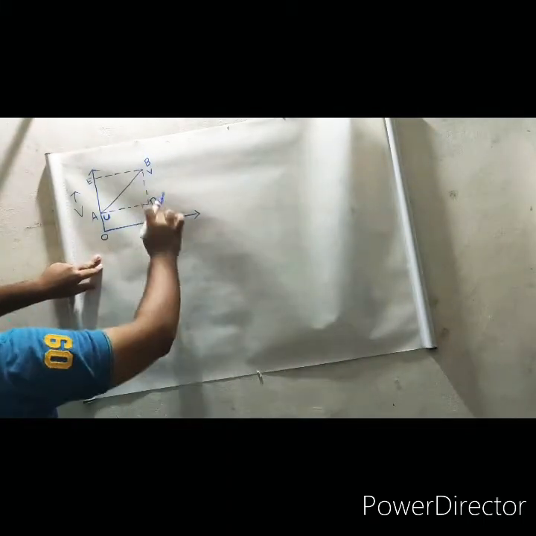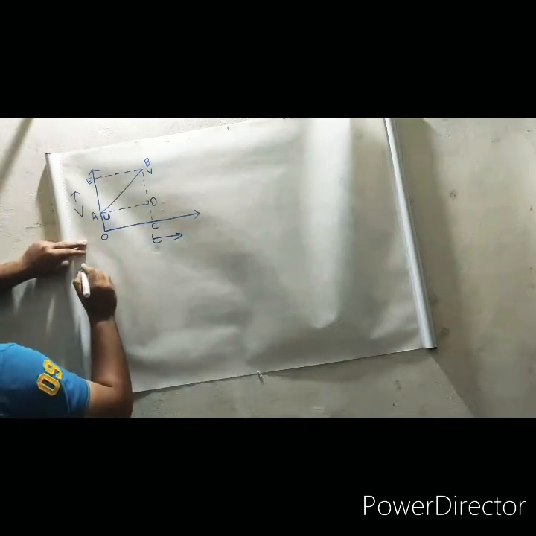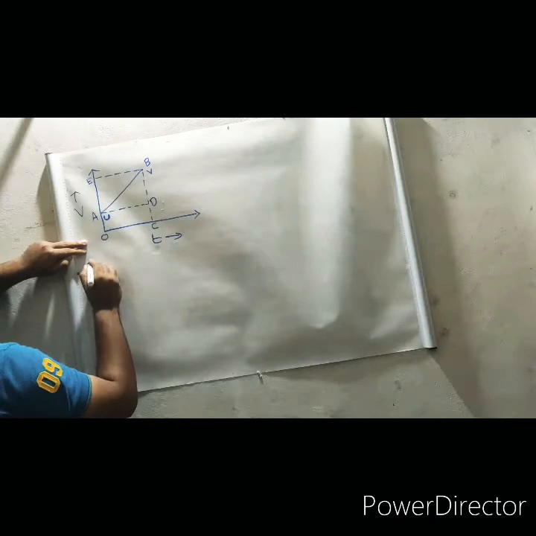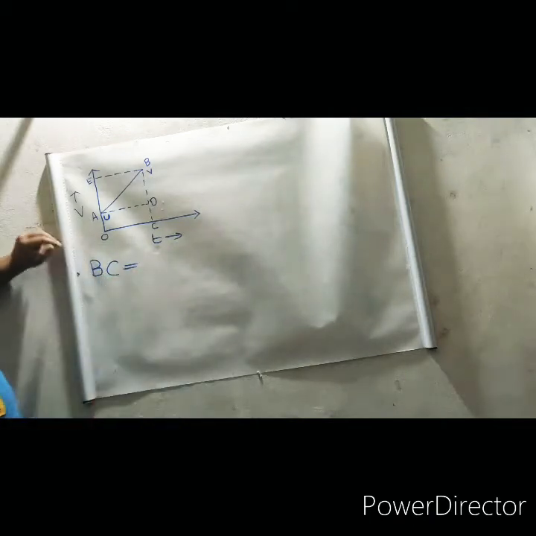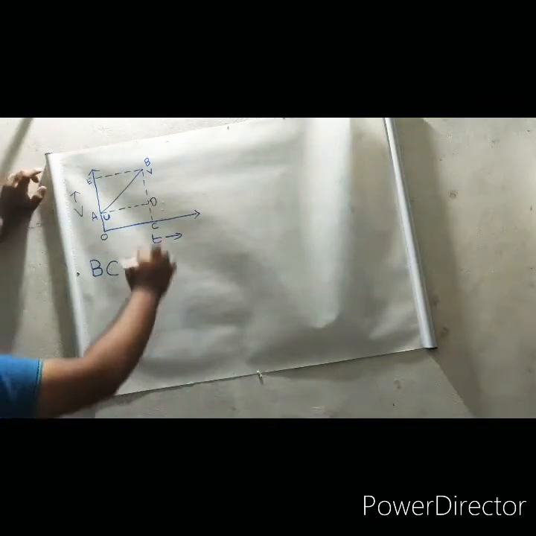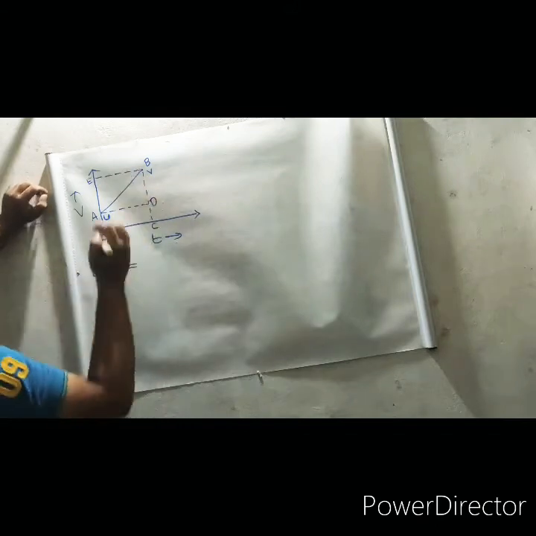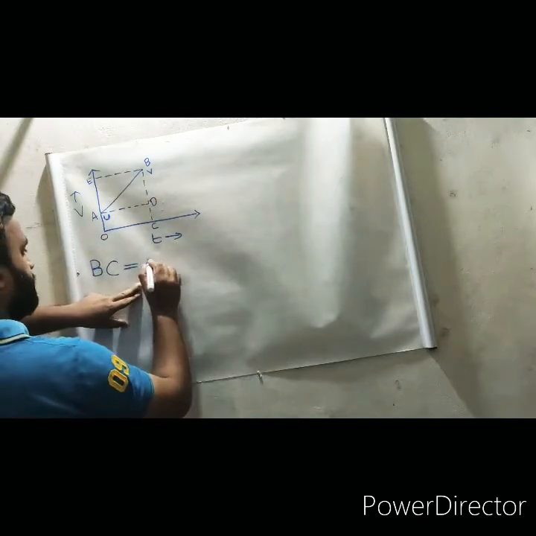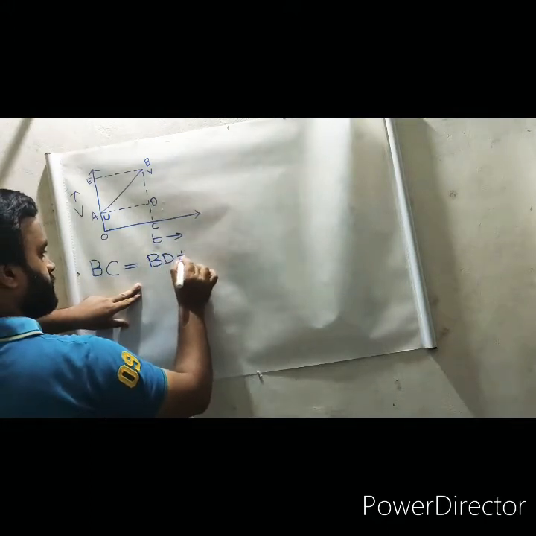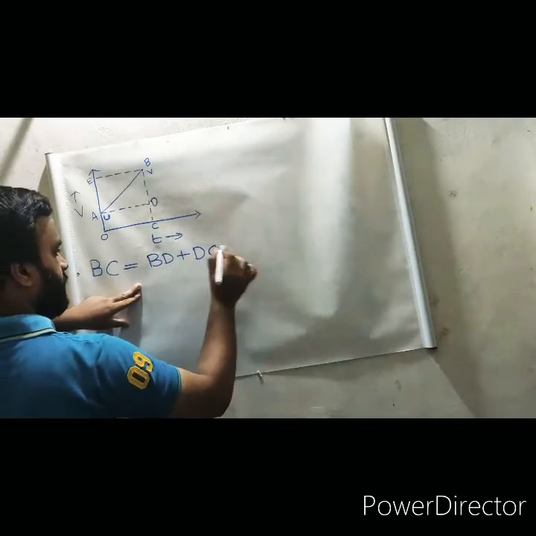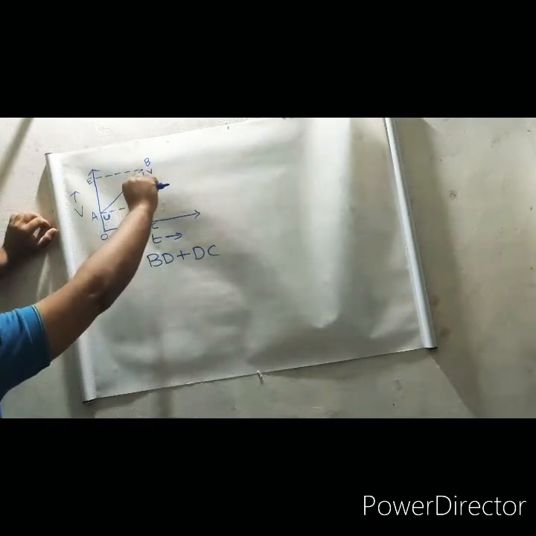From the graph we can write BC is equal to BD plus DC.